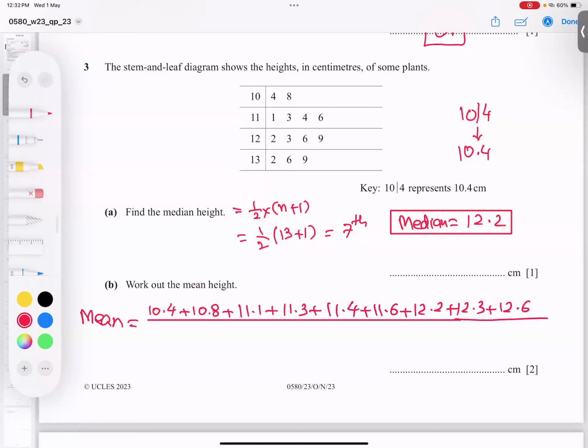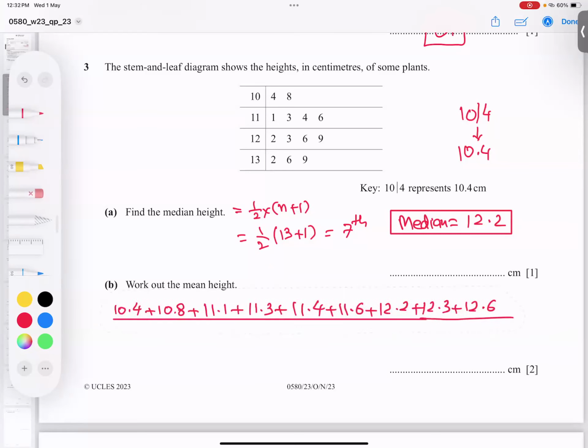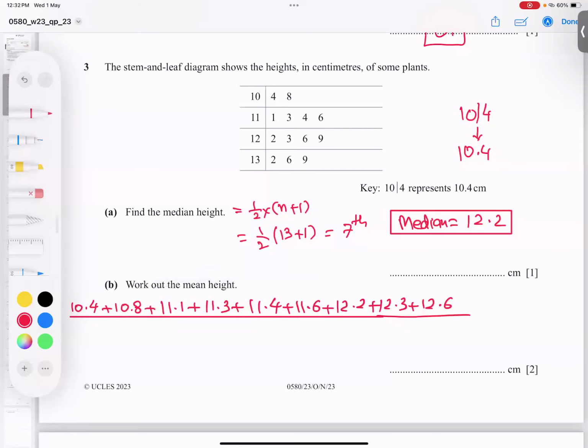Okay, I think space may be an issue, so I drag back. Okay, 12.6 I've done. 12.9, then 13.2 come from here. And then I can go for 13.6 and 13.9 and divide by 13 values. So it will give us the mean, because it is the sum of the values by the number of values.